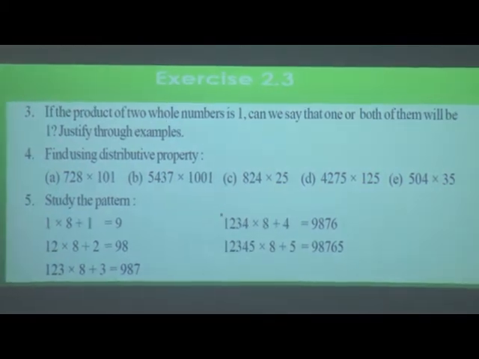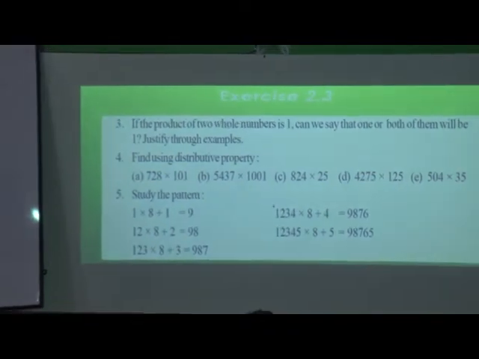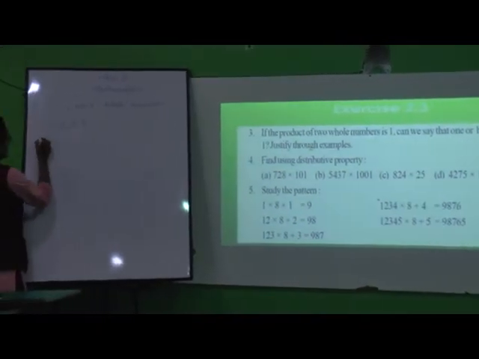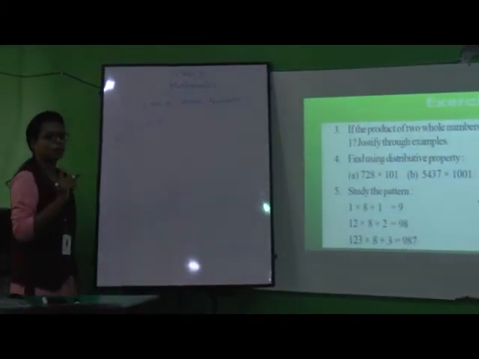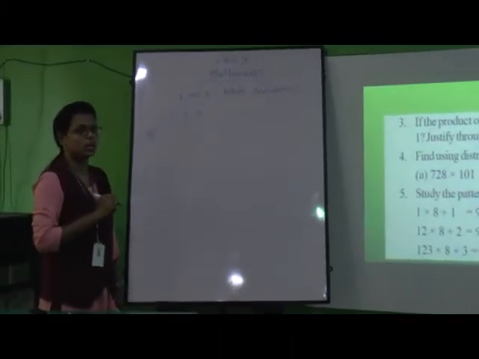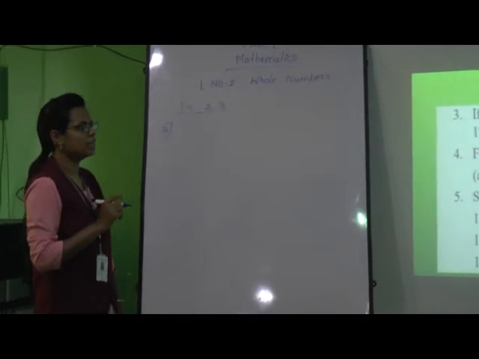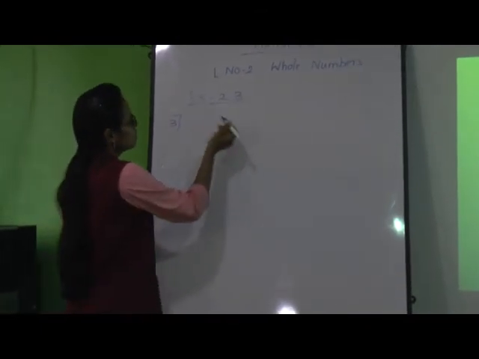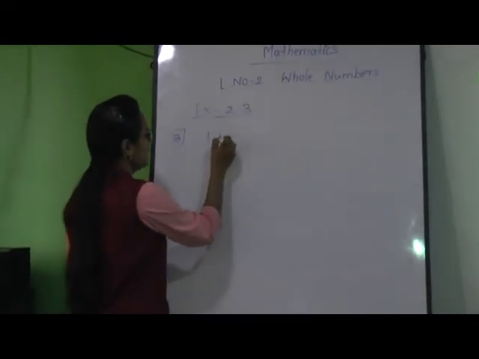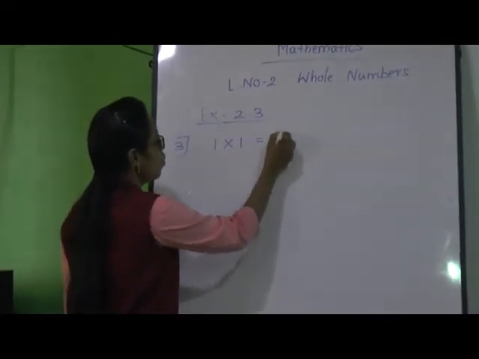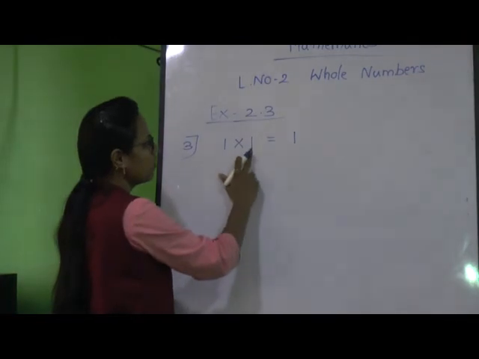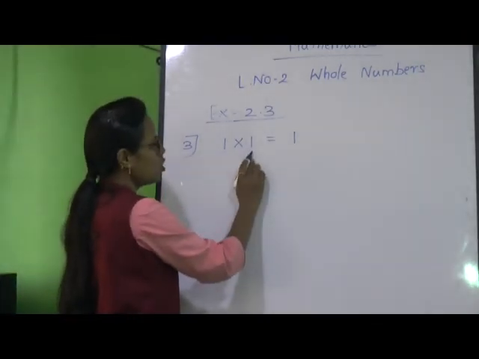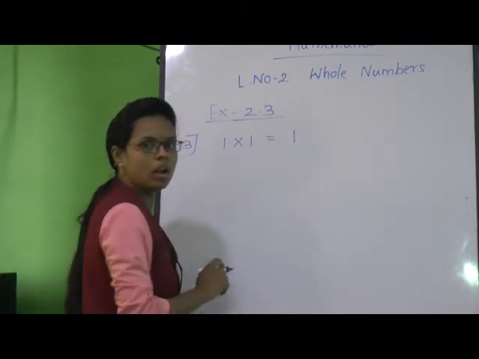Exercise 2.3, question number 3. The product of two whole numbers is 1. Can we say one or both of them will be 1? Suppose we take 1 into 1 is equal to 1. 1 is a whole number, 1 is a whole number, and the product of these two whole numbers is also a whole number.